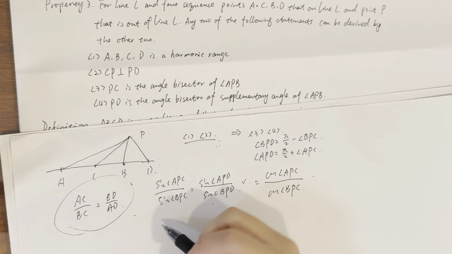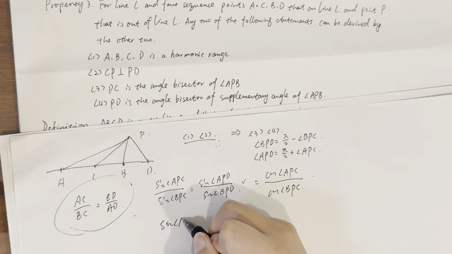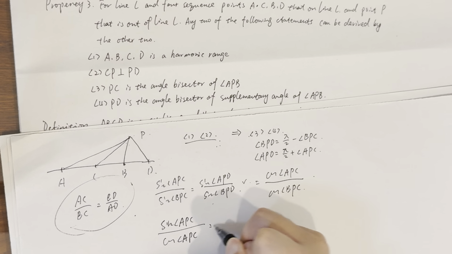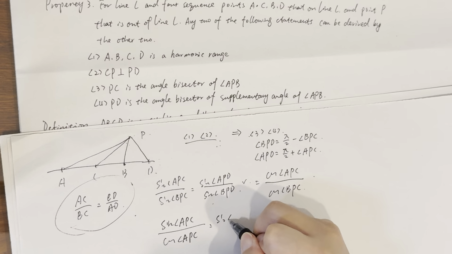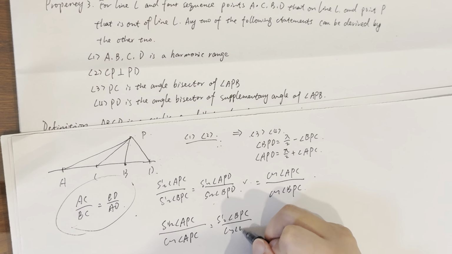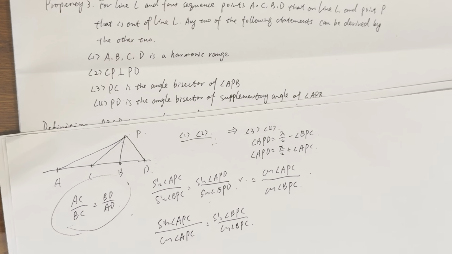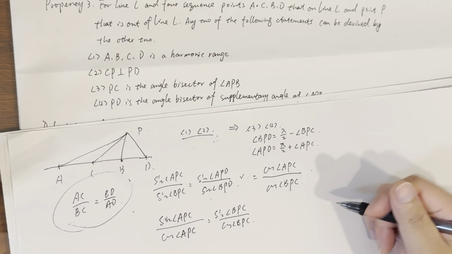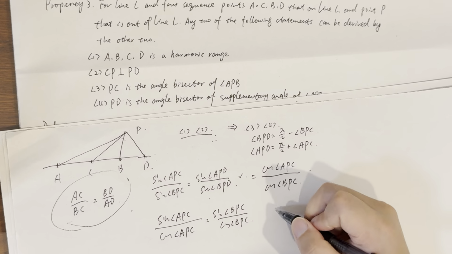Right? That is saying sine angle APC to cosine angle APC equals sine angle BPC to cosine angle BPC, right? So we cross multiply and put them on the same side.